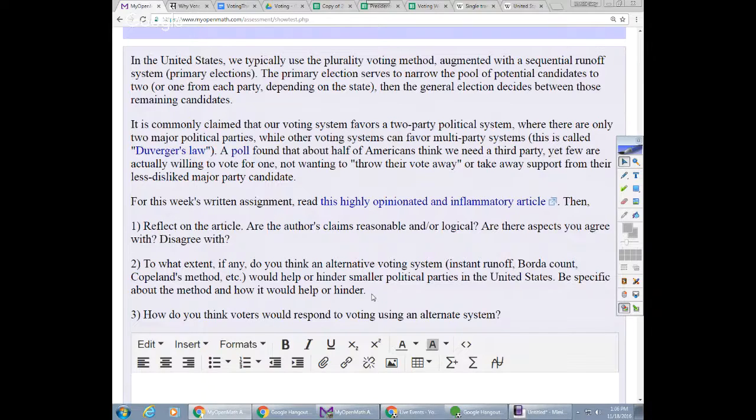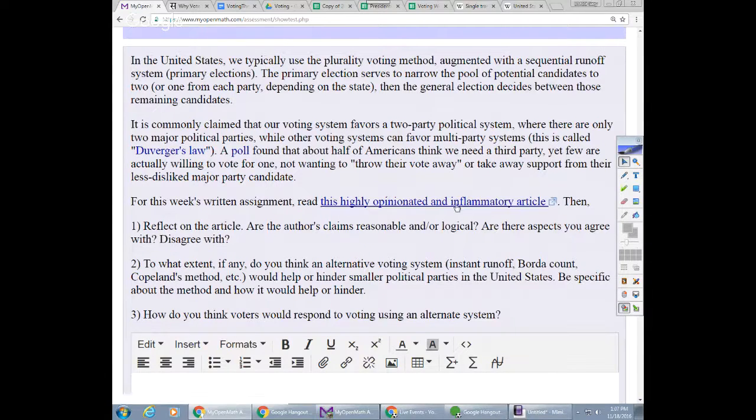Because right now, we can't say of the people that voted for Jill Stein, what was their second choice? Was it Trump or was it Clinton? We don't know that. A lot of people try to assume that if you voted for Jill Stein, that means if she wasn't there, you would have voted for Clinton. We do not know that. So maybe a preference ballot would be a good idea. Maybe just picking options, not having to rank them, that would be good.